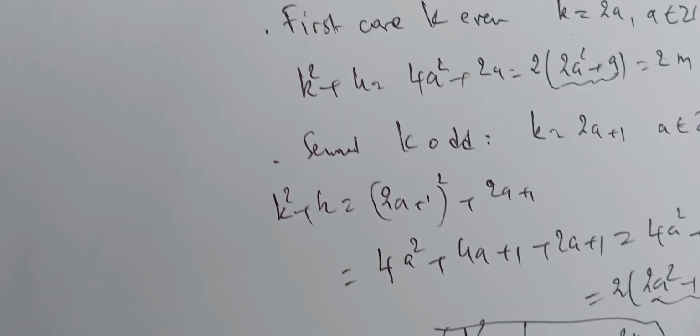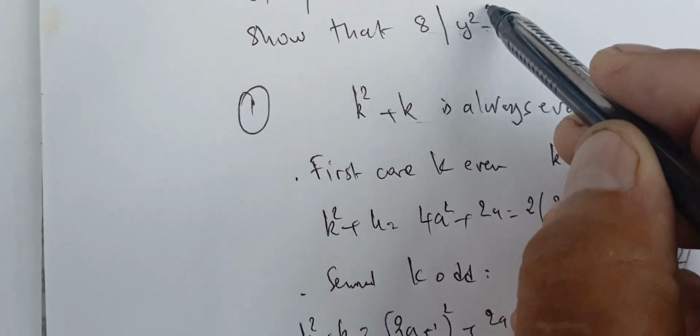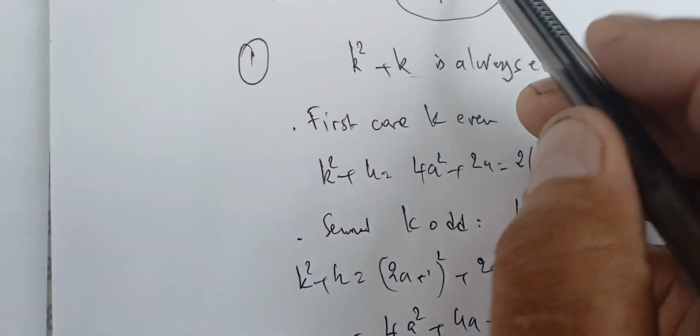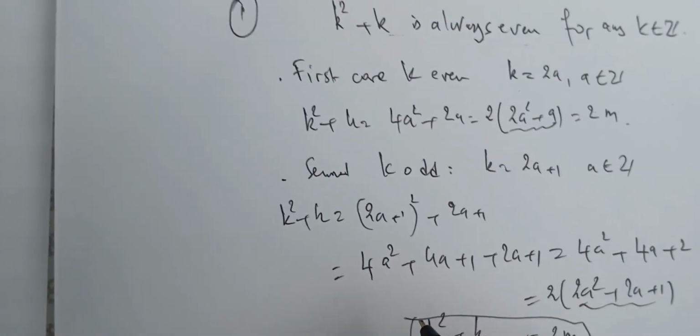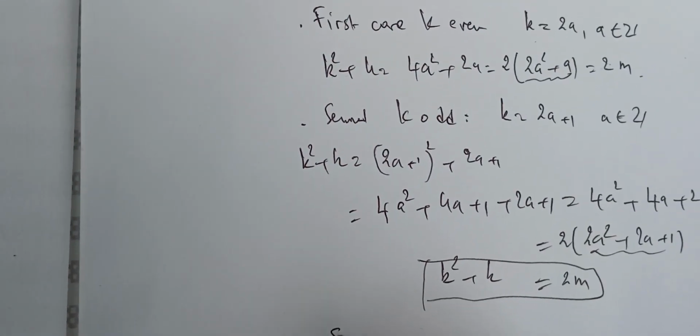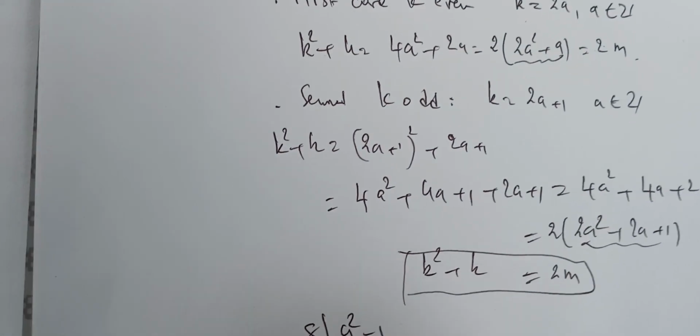Now we want to prove the result here. For y an odd integer, we're going to prove that 8 divides y squared minus 1.